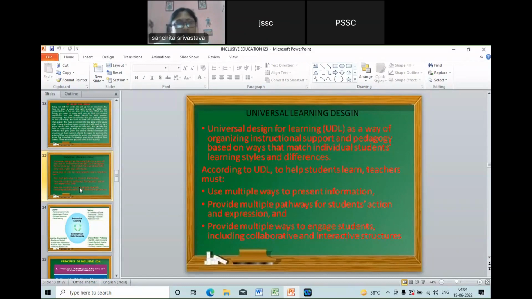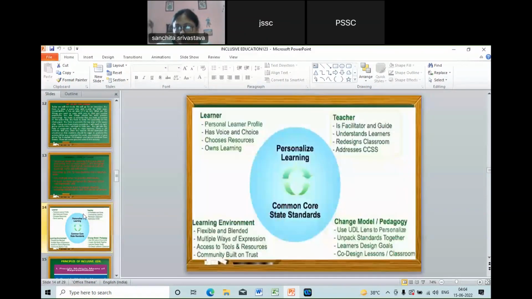Here in this slide, you see a learner and a teacher. These are the two different sides we find in a classroom. On one side the learner is there, and on the other side the teacher is there. I would begin with the teacher, because the teacher is a facilitator. What is a facilitator?